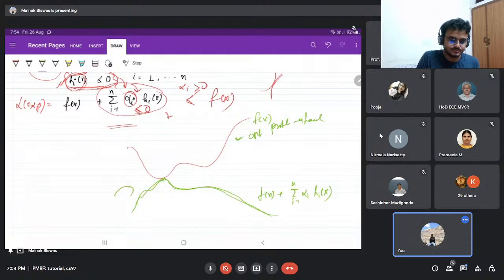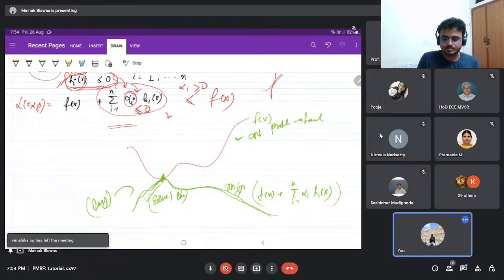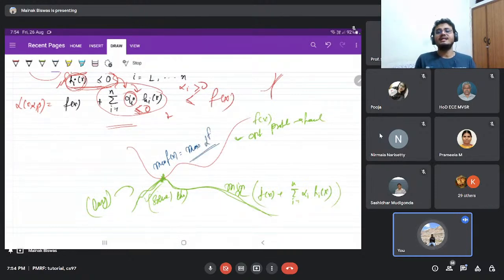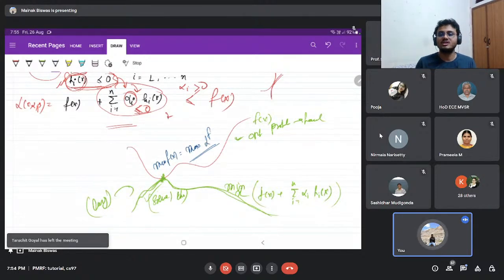This is easy. So you solve this and you find the maxima of this. Is this okay? So this is your point in the SVM. You have the minima of f of x equal to the maxima of your dual of f. This is the intuition of a Lagrangian.